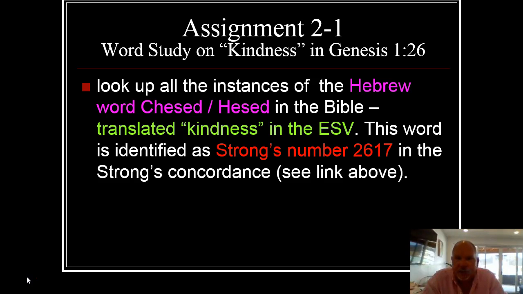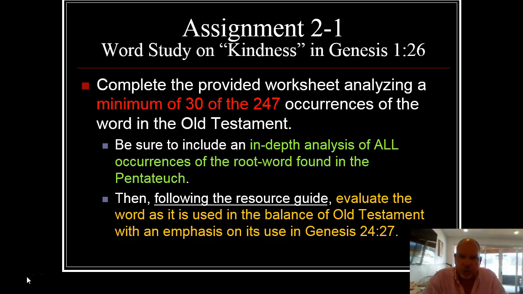Now, Strong is a scholar who has assigned a unique number to every Hebrew and Greek word in the Bible, and the Strong's number for this word is 2617. So when you look up hesed in Strong's, you're looking up word 2617, and there is a link on your assignment to give you a head start in finding the word.